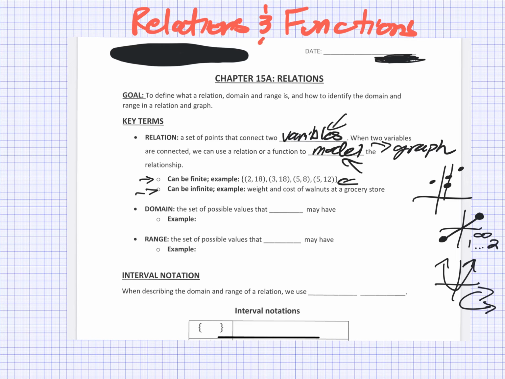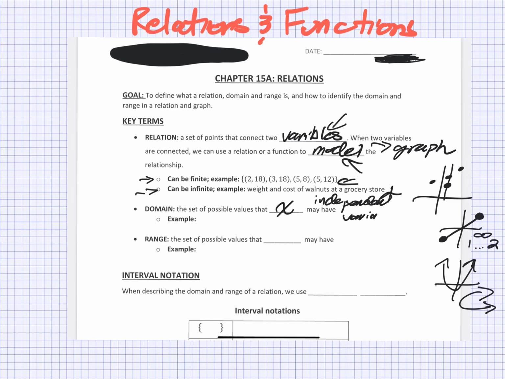Domain, the set of possible values that blank may have. They're probably talking about x, because we're modeling on an xy coordinate graph, the Cartesian plane. But usually a good way to say this is the independent variable. Ooh, some terrible writing, variable, okay?